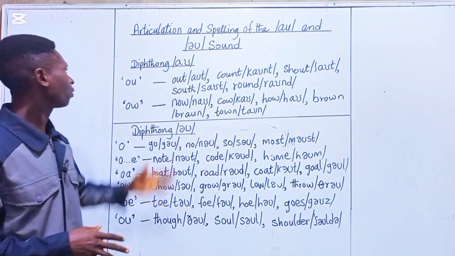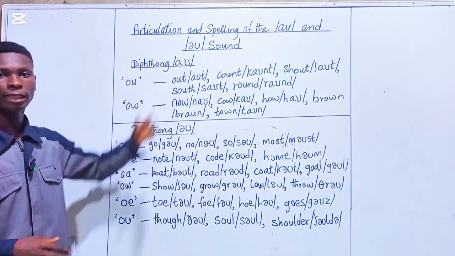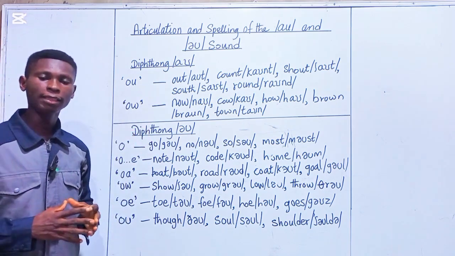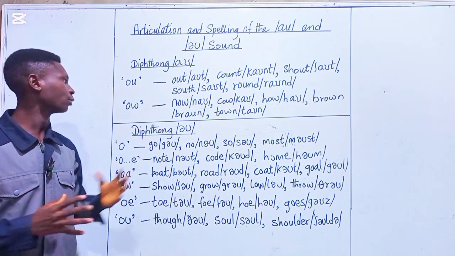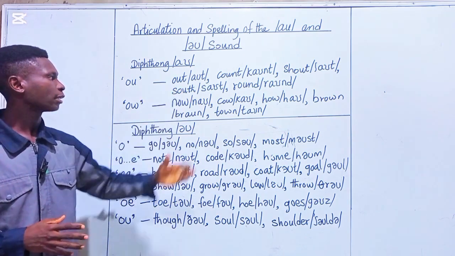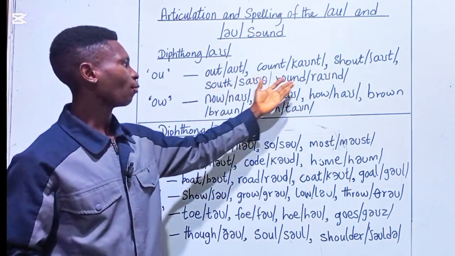These two sounds are diphthongs. We have the diphthong /aʊ/. We can have the /aʊ/ sound in place of the letters OU. That's to say that OU is a spelling of the /aʊ/ sound, as in words like out, count, shout, south, and round.